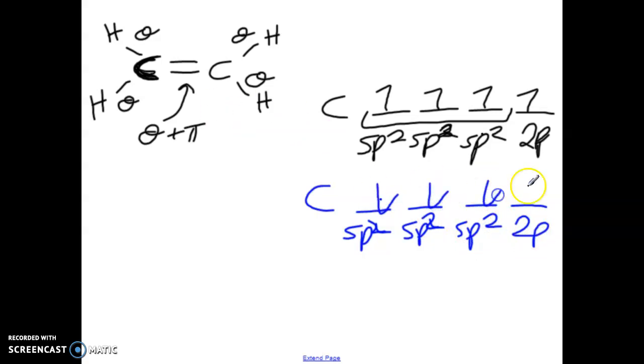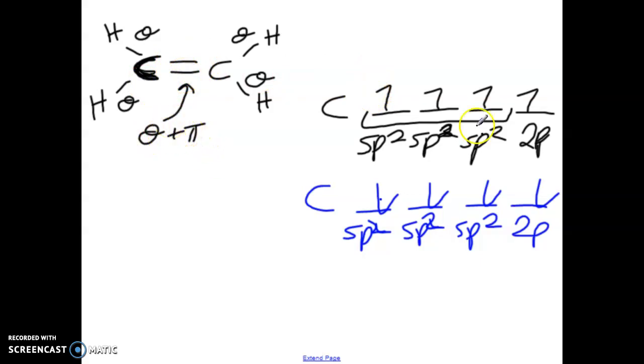And I'll do them in opposite spins. When you're drawing the rectangles for the bonds, you have to remember that the hybrids are only for the sigma bonds. Carbon and carbon need to have 1 sigma and 1 pi.